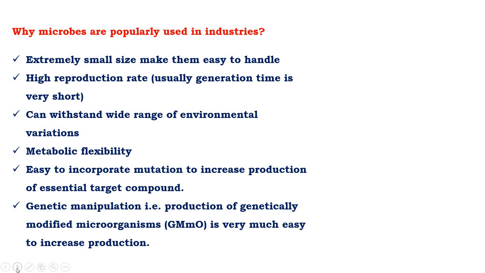We may discuss targeted mutation in some other tutorial. The last point is genetic manipulation and the production of genetically modified microorganisms, or GMMO. But these also have several restrictions and regulations for production of GMO microbes and their utilization. These are the main points why microbes are so popular in the industries.